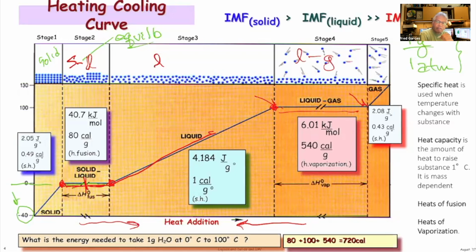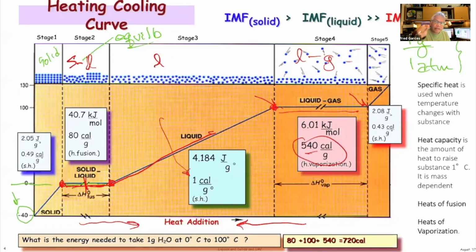In fact, if you have 1 gram of water, it'll take you 540 calories to take the liquid water at 100 degrees and convert it to gaseous steam at 100 degrees. That's the amount of energy that you need. Over here, it takes 1 calorie to raise 1 gram of water 1 degree.